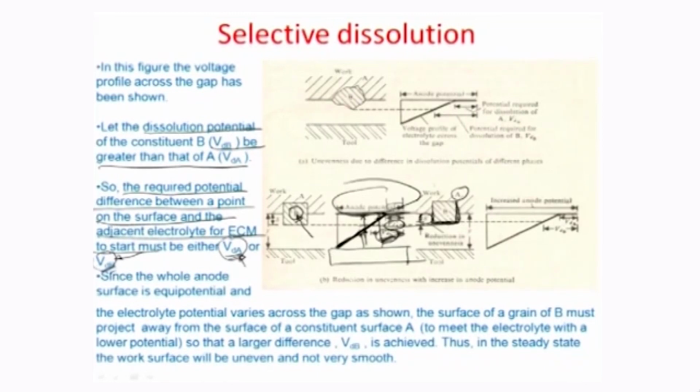So if there is a close grain of B and A kept in unison, as almost always happens in alloyed states, A would dissolve more towards the surface, and B will only start dissolving when it reaches that potential front. Okay. So there is a selective dissolution of A with respect to B unless and until B projects into the solution at the potential front, where available VdB would be able to dissolve away the B. So it is an auto roughening effect which is happening in this process because of the differential of potential between the two phases.